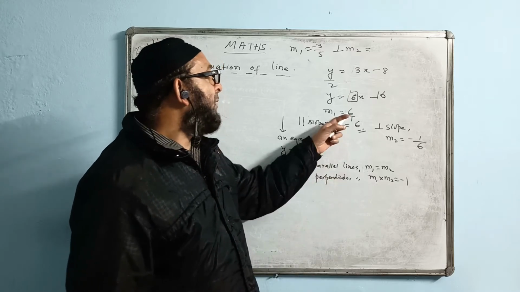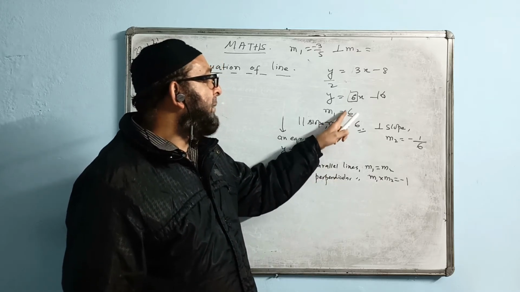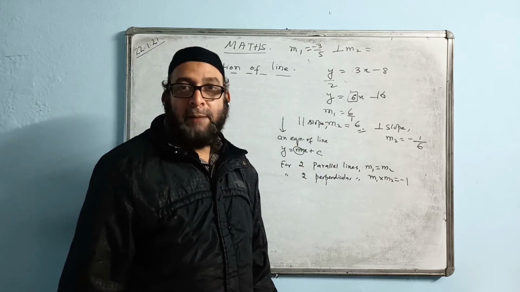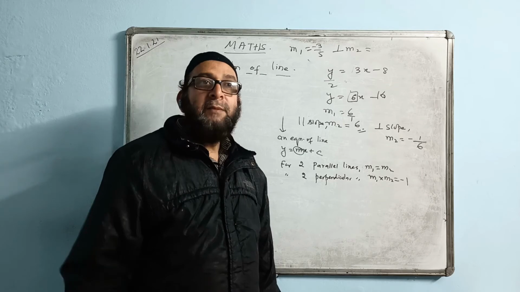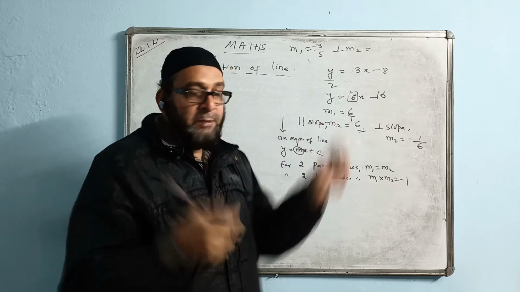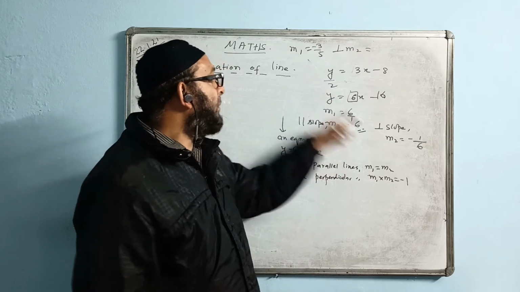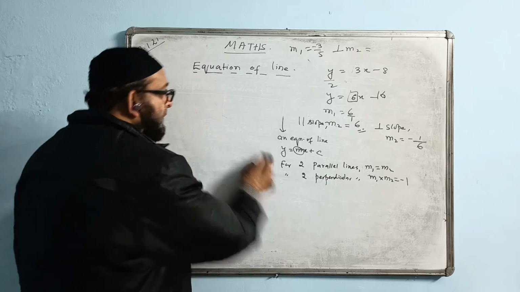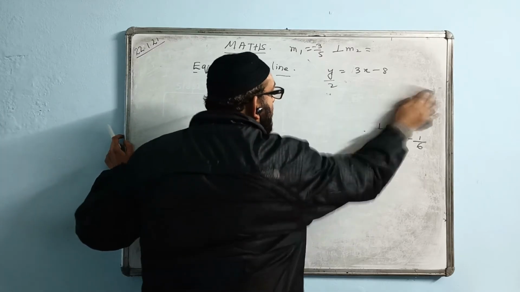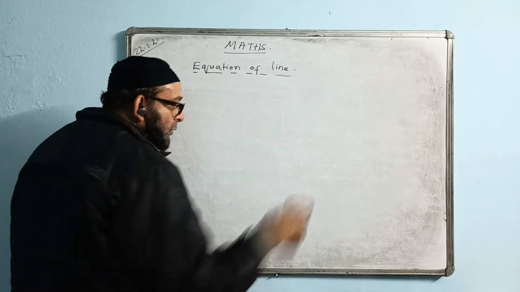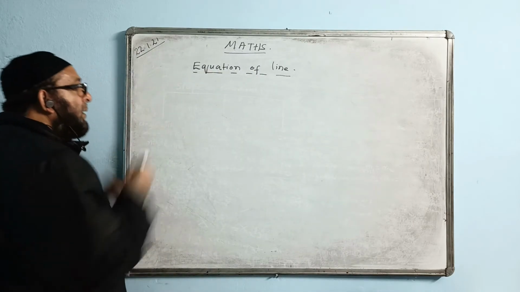Whatever the value of m1, if it is plus, the answer comes minus. So when you find a perpendicular slope, you have to change the sign and reciprocate it, turn it upside down. Okay, this is all about finding the slope that I just discussed.